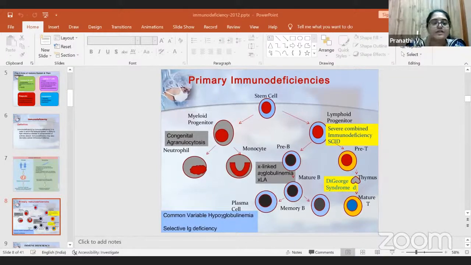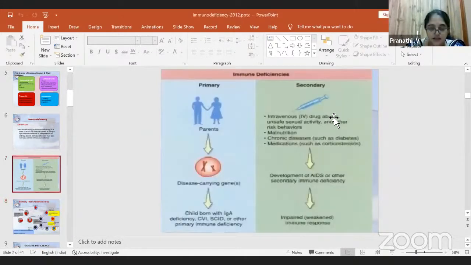Again, immunodeficiencies are classified into two kinds, the primary and the secondary. In the case of primary immunodeficiencies, it is congenital, that is, right from the parents, the disease carrying gene is present, because of which the child is born with the deficiency. There are many types of primary immunodeficiencies seen.